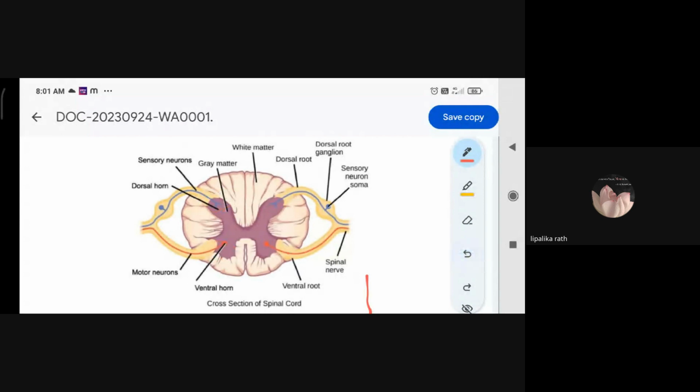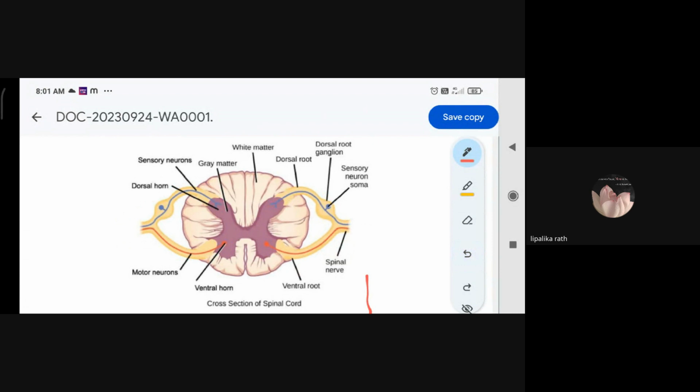And sensory neurons connect to the dorsal horns, the dorsal root, and motor neurons connect to the ventral roots. And I think it's okay about the spinal cord.